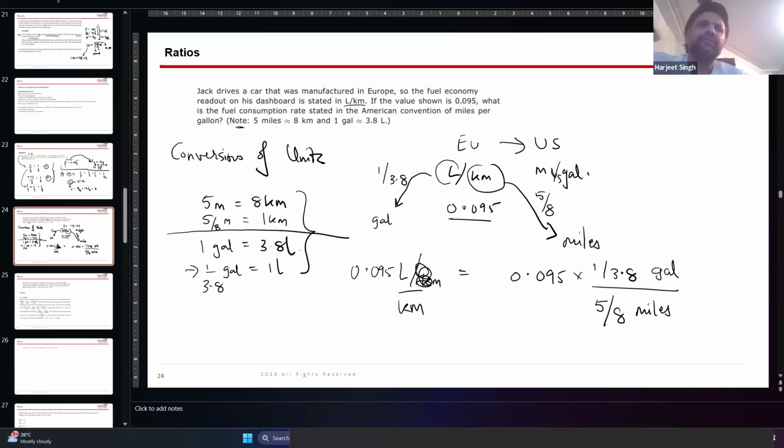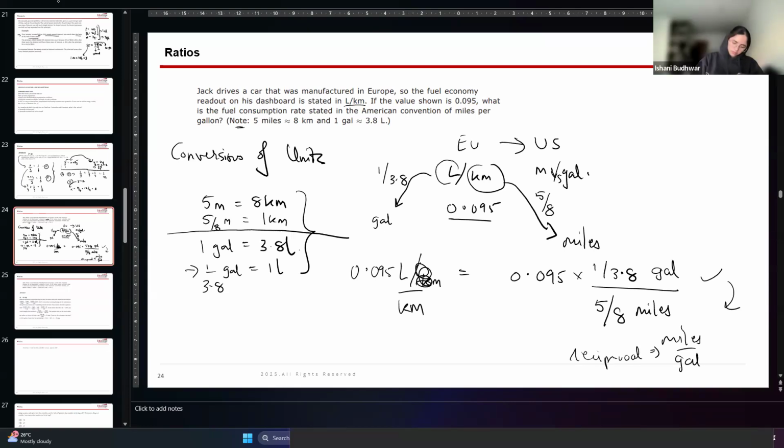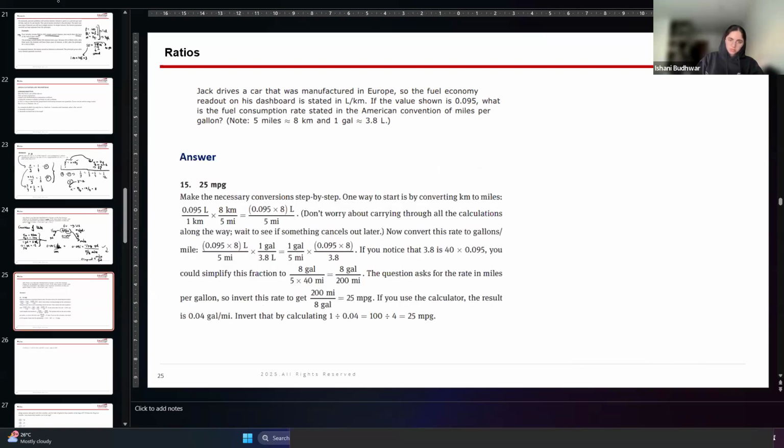If gallons per mile is asked, then we retain this. If miles per gallon, then just take the reciprocal.